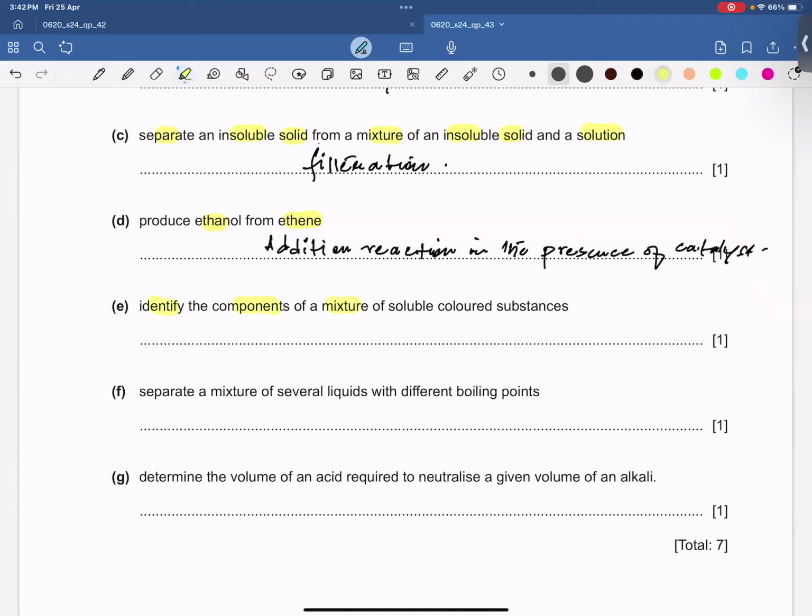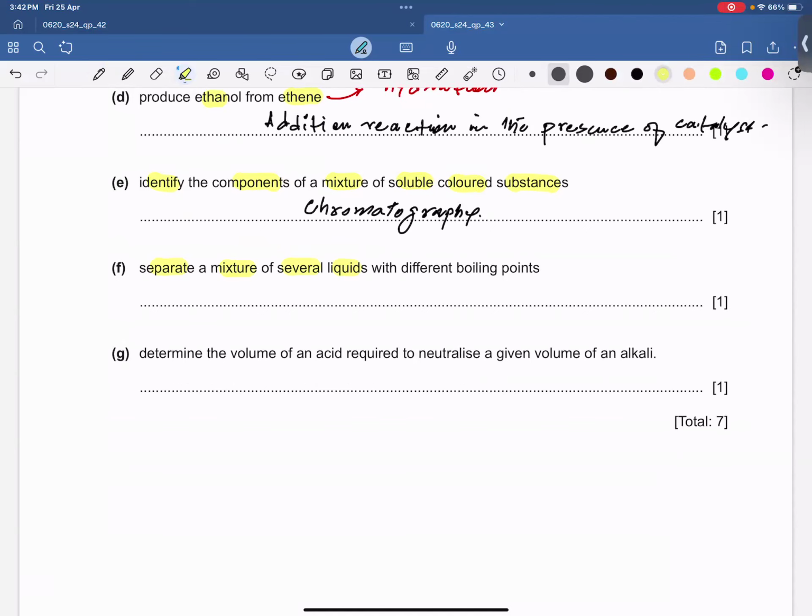Identify the components of a mixture of soluble colored substances. Soluble colored substances, chromatography, I think so, because हम यही देखते हैं chromatography में. By the way, हमने क्लास में पढ़ा है from ethene to ethanol आप hydration भी कहते हैं. सही है, you can write hydration also in this case.